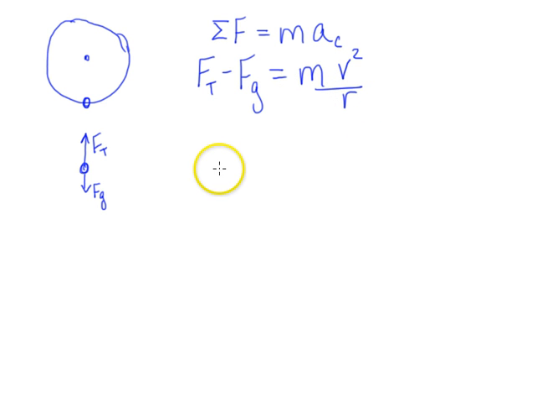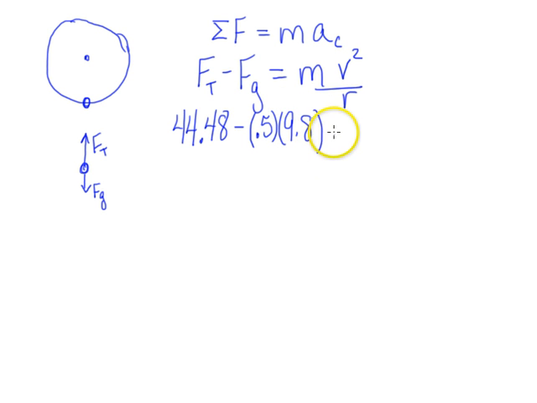Now, force tension, if we want it just before the string breaks, that's going to be 10 pounds, which is 44.48 newtons. Force due to gravity is going to be the mass of the rock, which is 0.5, times gravity, which is 9.8. That's going to equal the mass of the rock, which is 0.5, times velocity squared, over the radius, which is 1.3 meters.